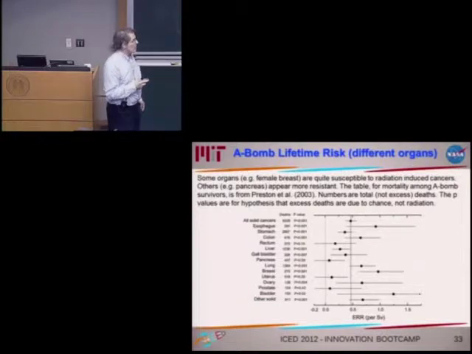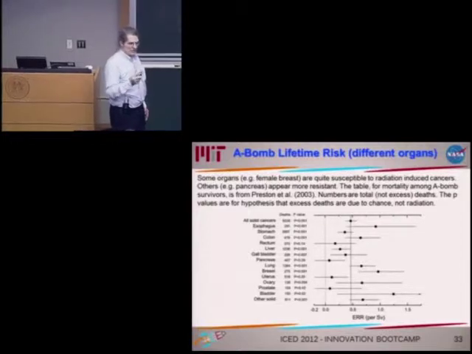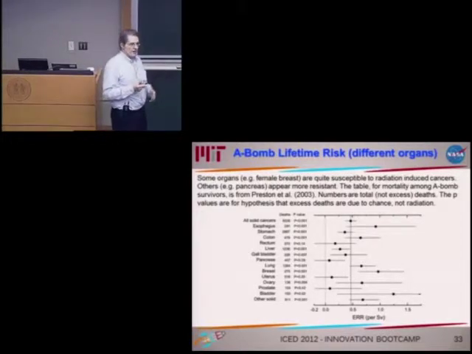So you're talking about already a small fraction, then of which a fraction of that was radiogenic. So in the net, I think you're looking at about 500 cases or so out of about 100,000 that you're thinking can be attributable to radiation. So when all is said and done here, then these risk numbers aren't nearly as bad as they would seem. But suffice to say, we do have to think about organ specificity in these analyses.